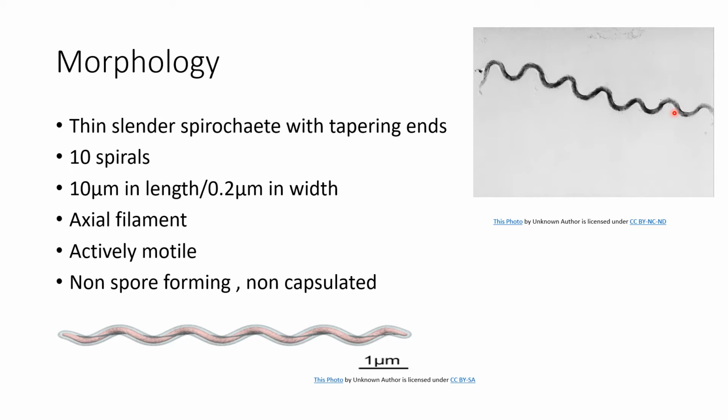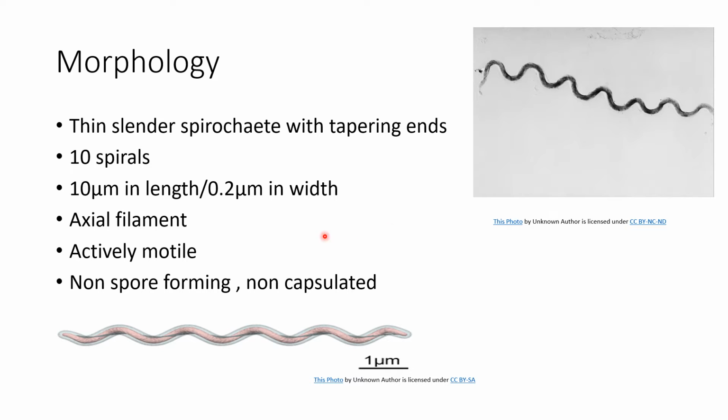It is present in the periplasmic space of the body of this organism. So that is why the flagella is called endoflagella. It is not protruding outside like other bacteria. It is embedded inside the bacterial cell itself in its cell wall. And this is called axial filament or endoflagella.